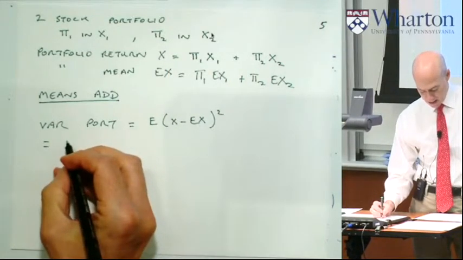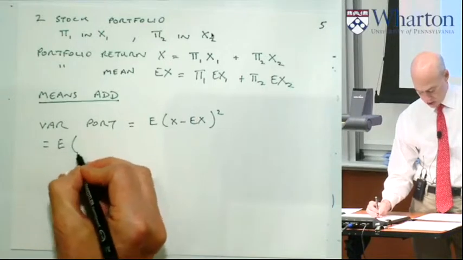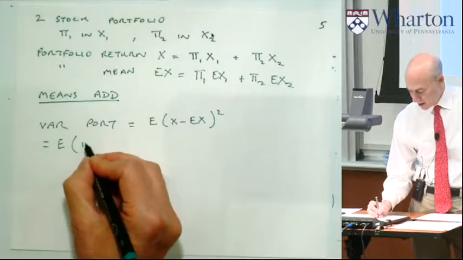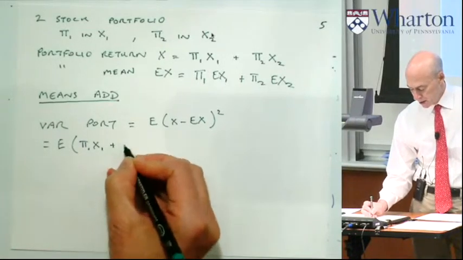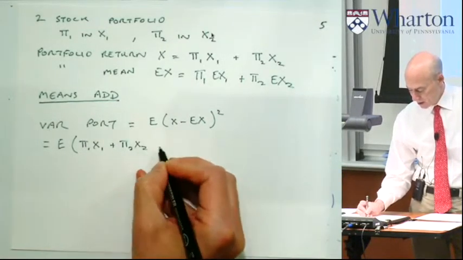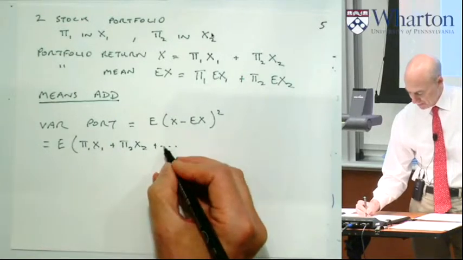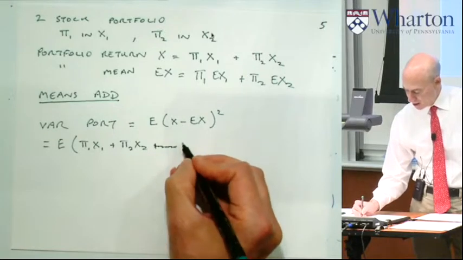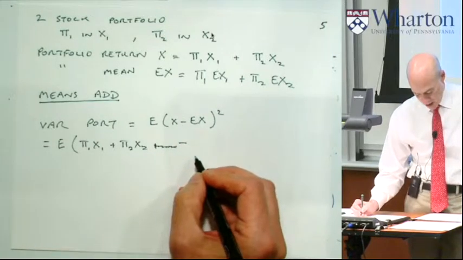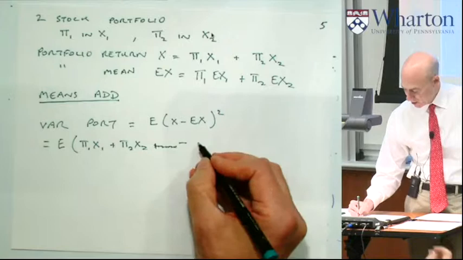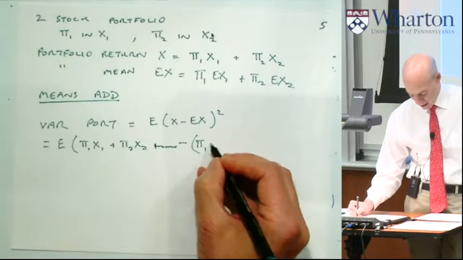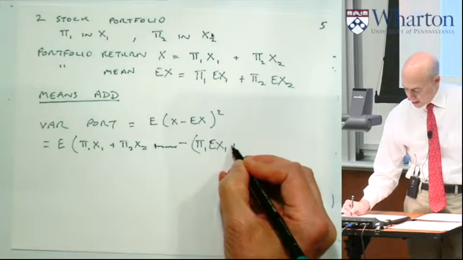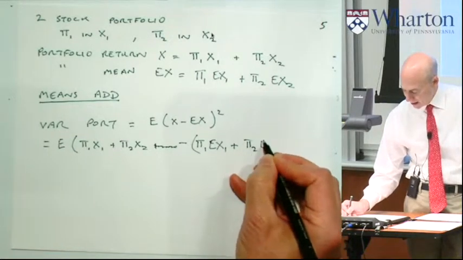So what we get is the expectation of pi 1 x1 plus pi 2 x2, that's the x, and then we're going to subtract out the EX, so we've got minus (pi 1 EX1 plus pi 2 EX2).